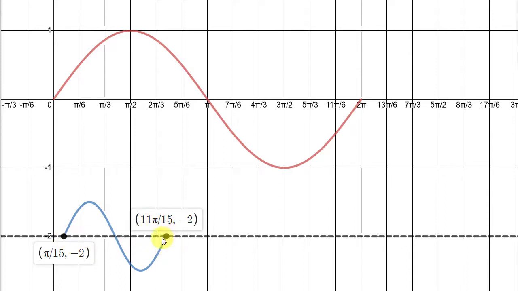And so subtracting the start from the end value, we have a period of 2 pi over 3. And that is consistent with what we identified as the transformation. Our transformation made the graph have a shorter period compared to the original period of the original sine of x.